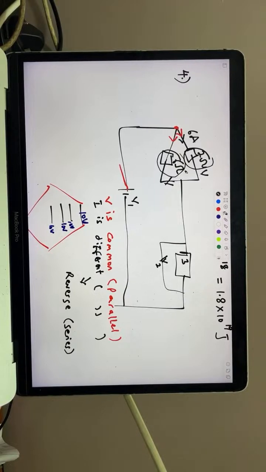From this 6 ampere, I can use Ohm's law to get my voltage. The voltage on the 2 ohms will be I times R, which is 6 amperes, given in the diagram, multiplied by the resistance of 2. So the total voltage here is 12 volts. So what does that tell us?